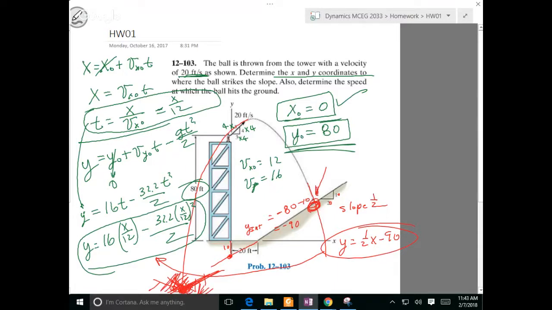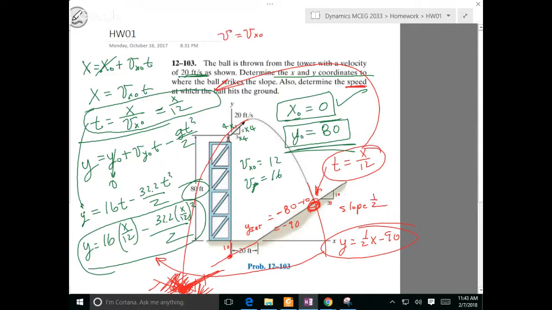Do this one. And then from there, you can figure out your t by writing in your x over 12 from right here. When you take your t, you can run back to your velocity equations and find the speed. Did he ask for the speed? Yeah, he asked for the speed. And of course, you know the speed, Vx naught.